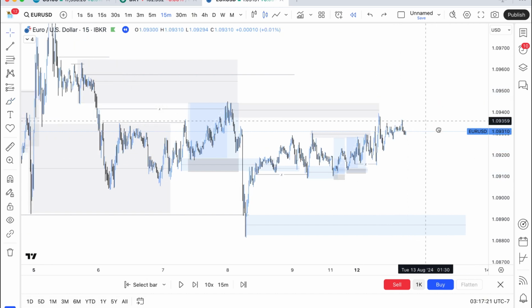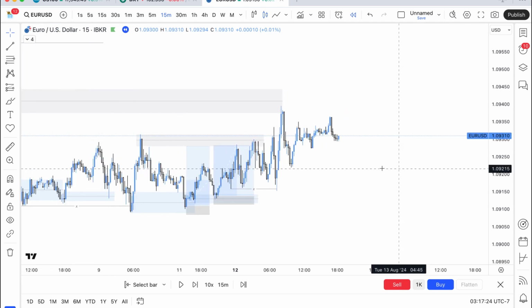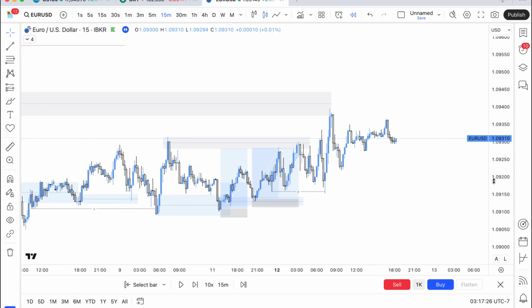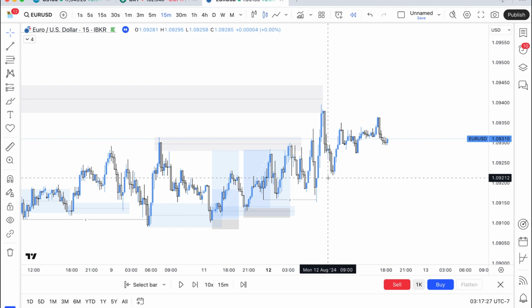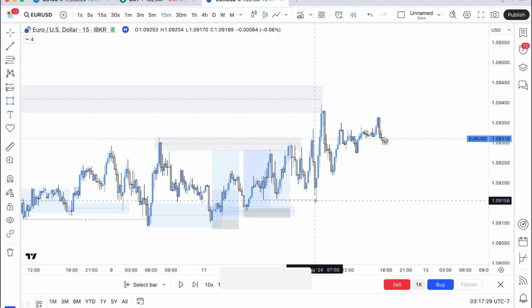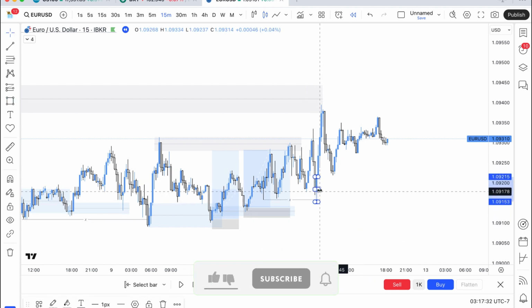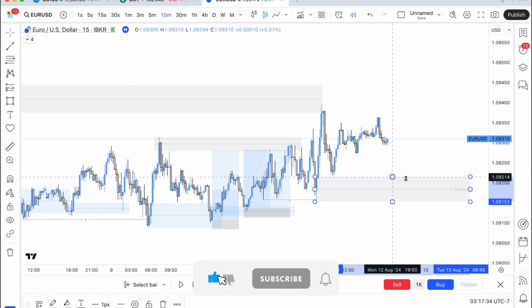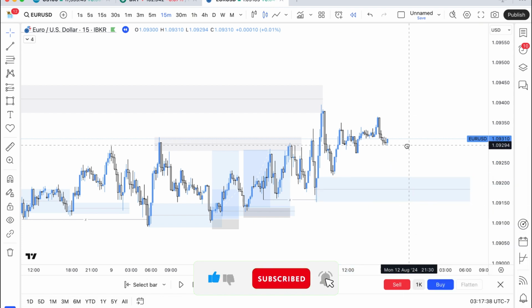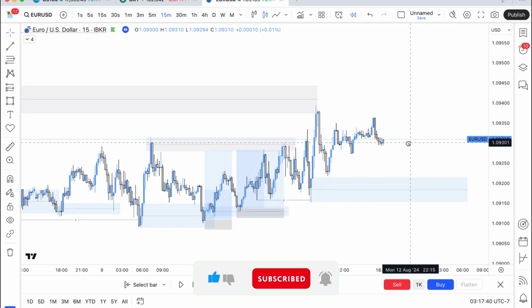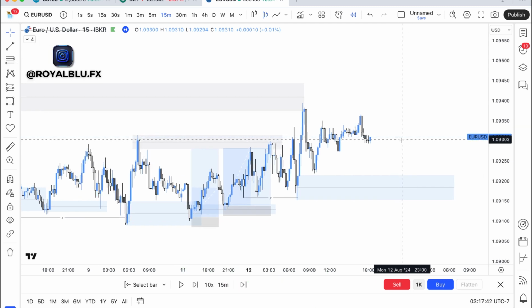So let's continue. So right over here, as I draw your attention, I want you to see that right now I will look at this demand zone as a point of interest. Let me just talk about this quickly, because a lot of people, I think, can confuse swing lows and swing highs in terms of entering either aggressively or with confirmation.